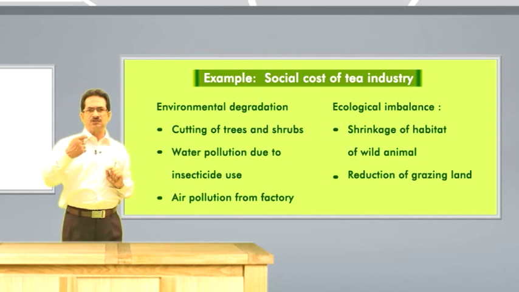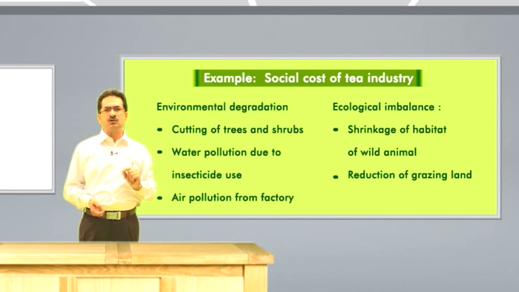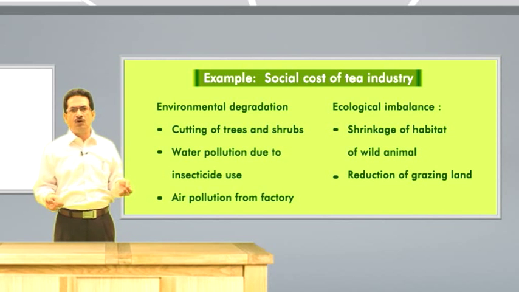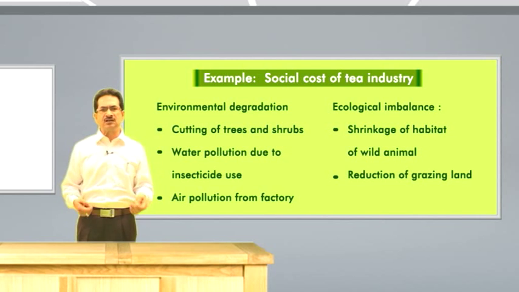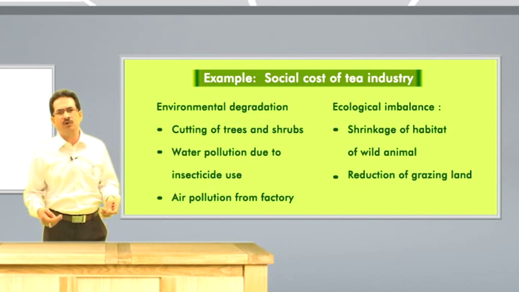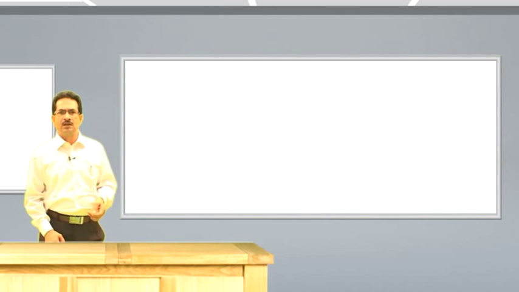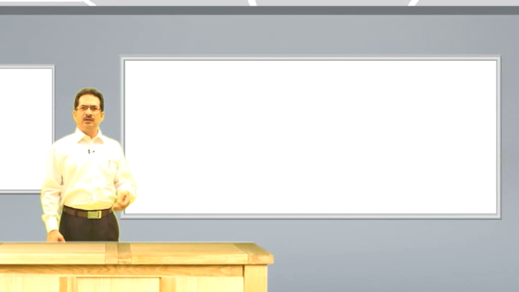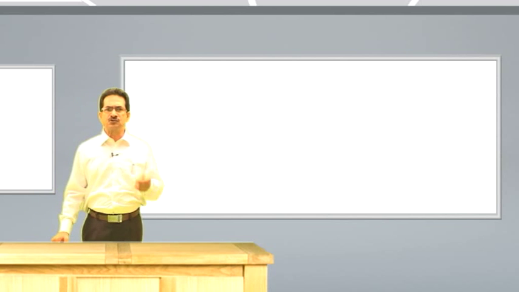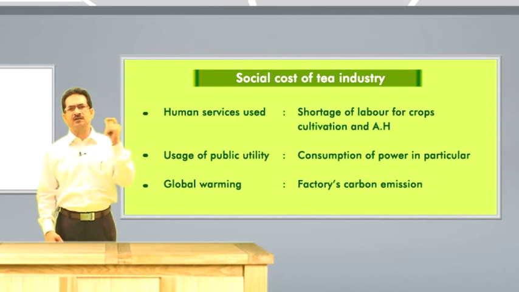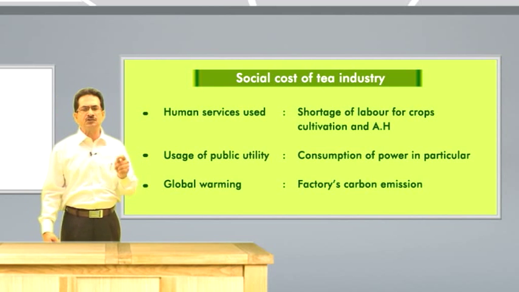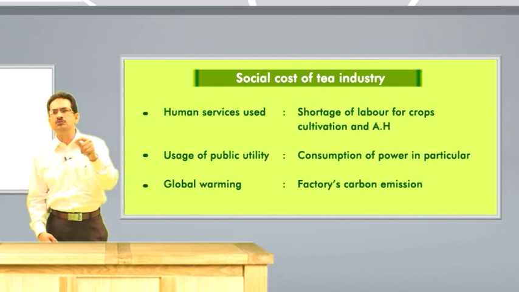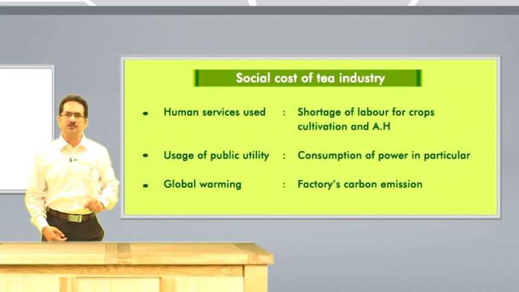Another social cost of the tea industry is ecological imbalance through shrinkage of habitat of wild animals and reduction of grazing land for domestic as well as wild animals. Another cost is human service use, shortage of labor for crop cultivation as well as for animal husbandry because of the migration of labor from the farming sector to the tea industry sector.